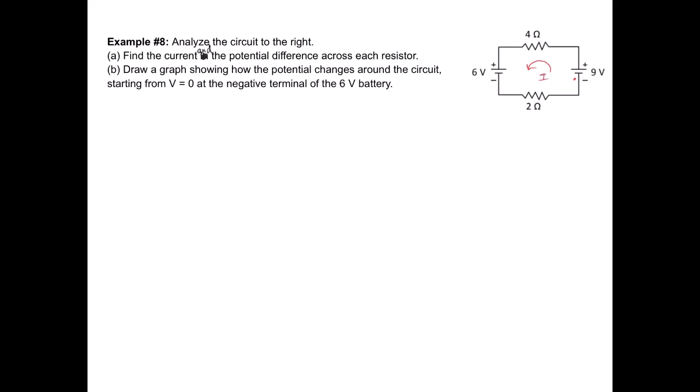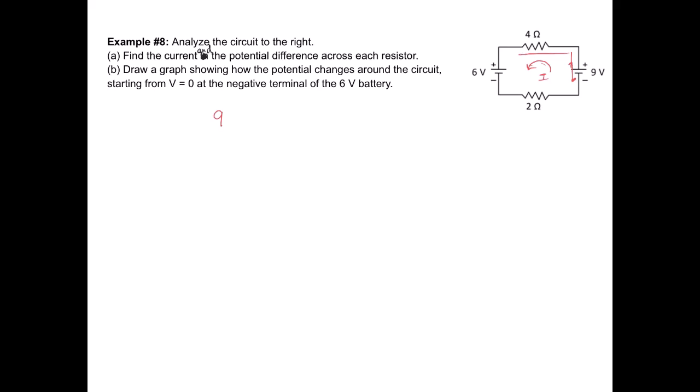So I'm going to start right here as I go through the 9 volt. As I go from negative to positive, what that means is that in the process, I'm gaining 9 volts there, right? If I continue around the circuit, now I go through the 4 ohm resistor in the direction of the current.